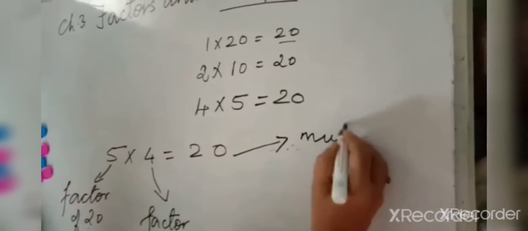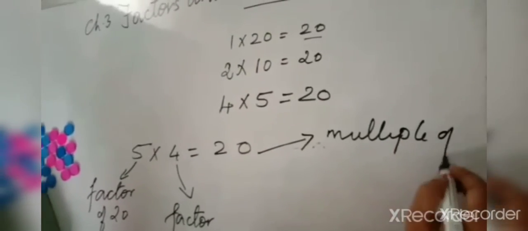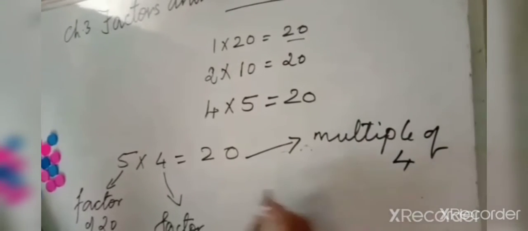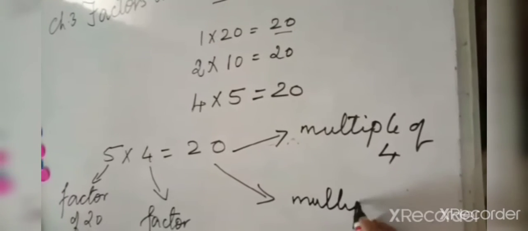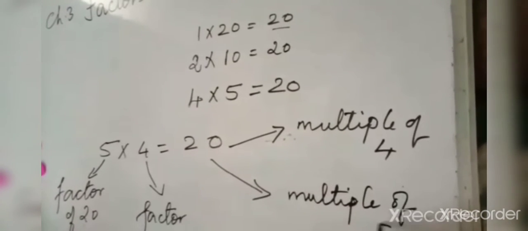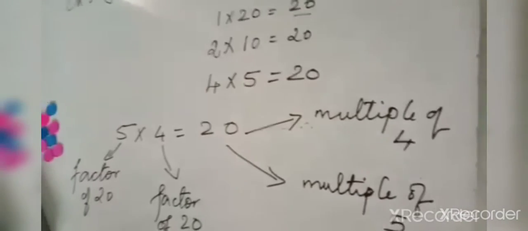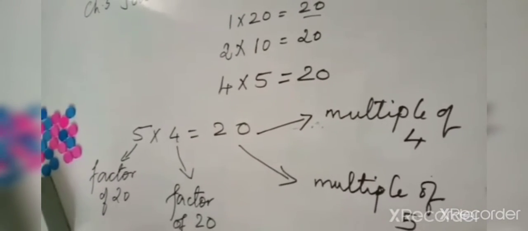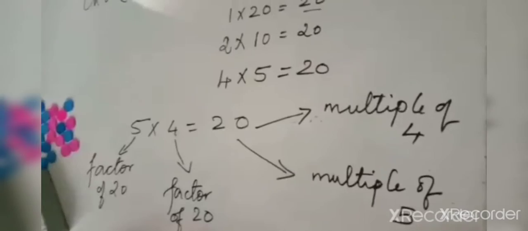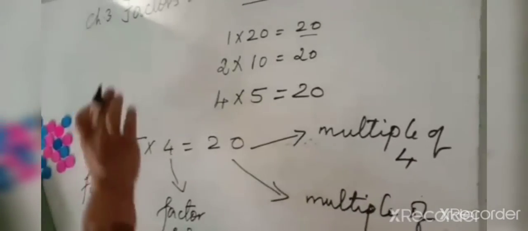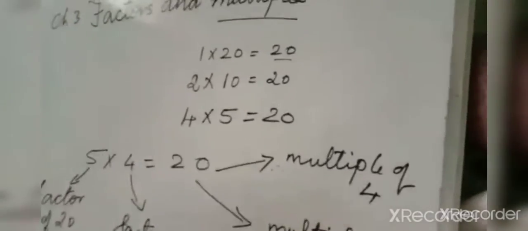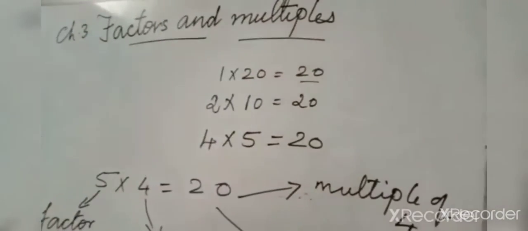Whereas we can say that 20 is a multiple of 4 and 20 is also a multiple of 5. So what is a multiple? Multiples of a number are obtained by multiplying that number by any whole number. So let us learn how to find the factors and multiples in this chapter, that is factors and multiples.